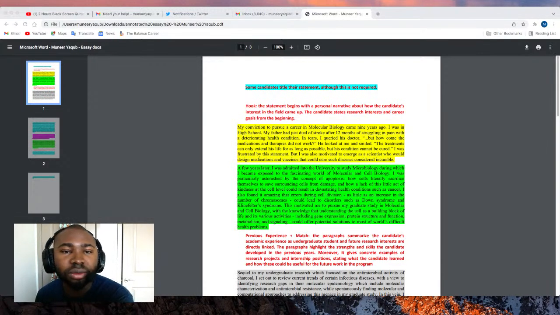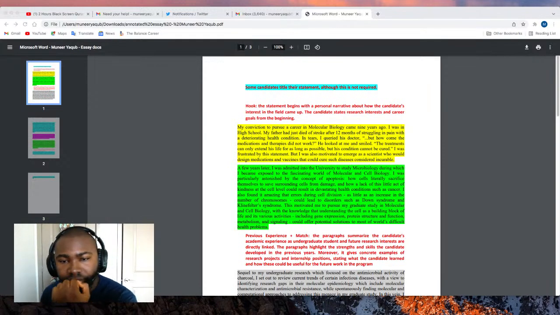There's no way we can talk about statement of purpose without showing samples, because writing is not a theoretical experience. It's kind of practical, right?